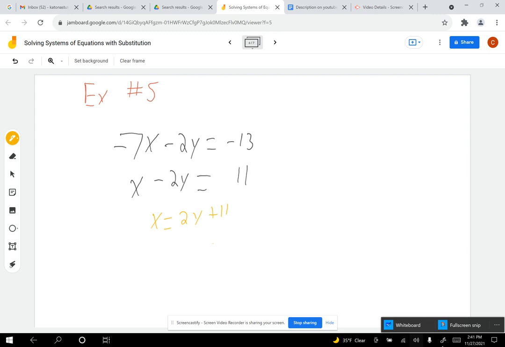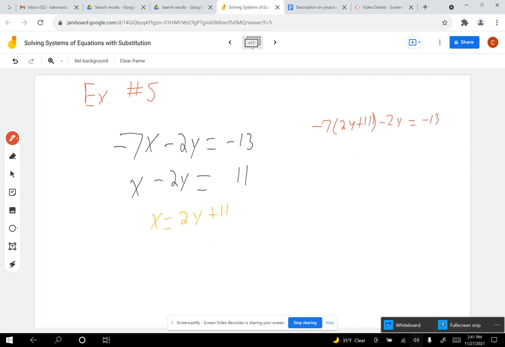So now I can plug that equation into the top equation, so I can have negative 7 times (2y plus 11) minus 2y equals negative 13.